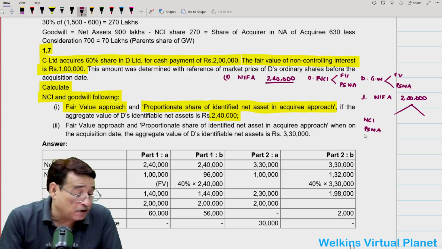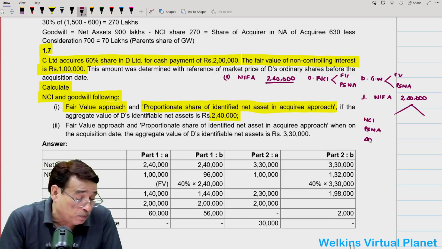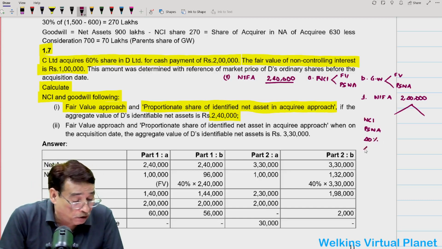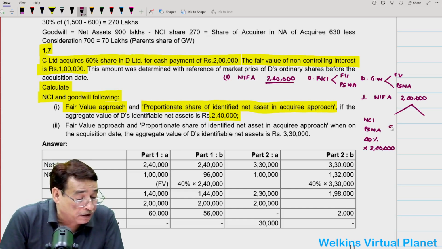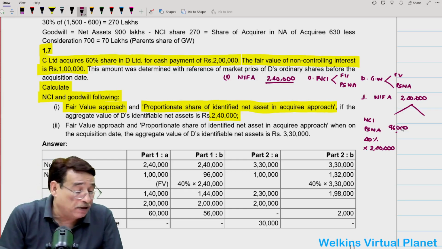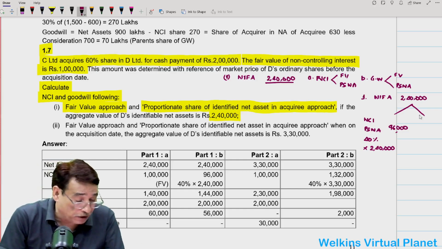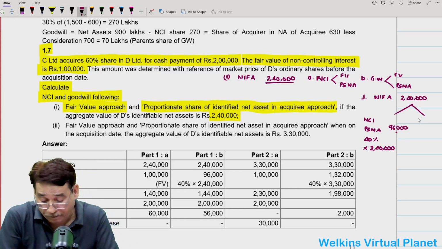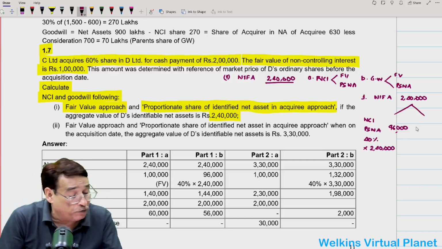Because we have got 60% stake, NCI stake must be equal to 40%. First of all, I will write 40% of 2,40,000. If I take 40% of 2,40,000, it will be equal to 96,000. So 96,000 will be the NCI share out of 2,40,000. I will subtract 96,000 from 2,40,000. 240 minus 96, I will be left with 1,44,000.